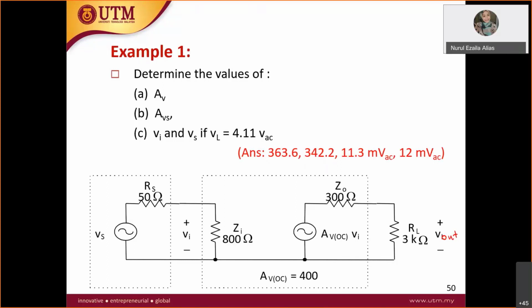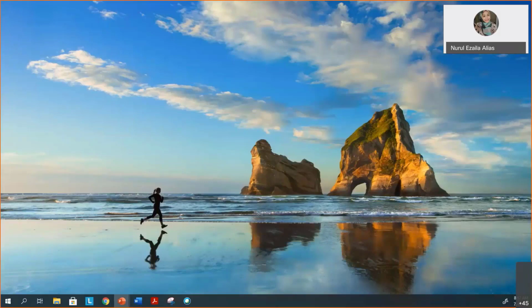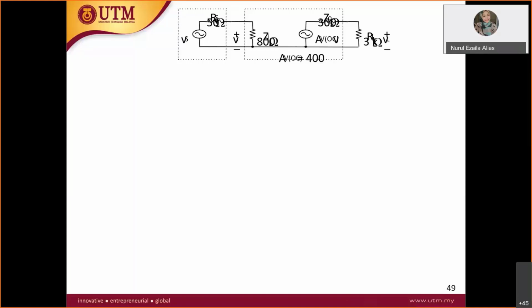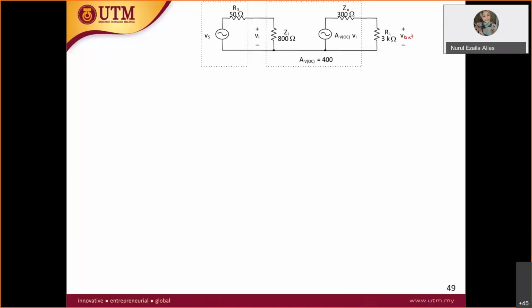Okay, so here is the circuit, like this.